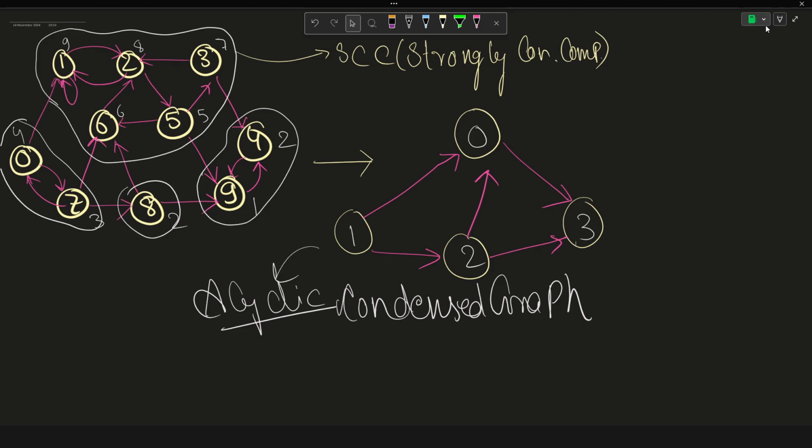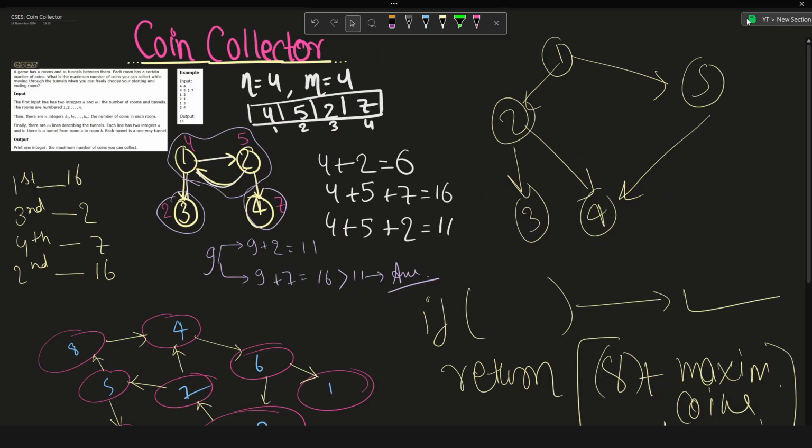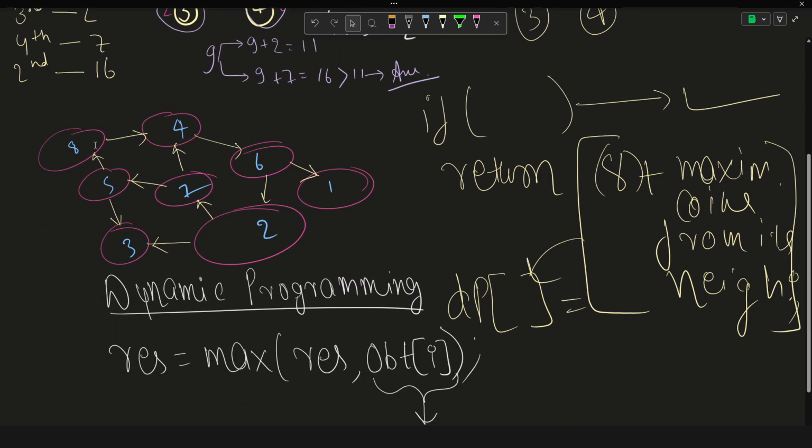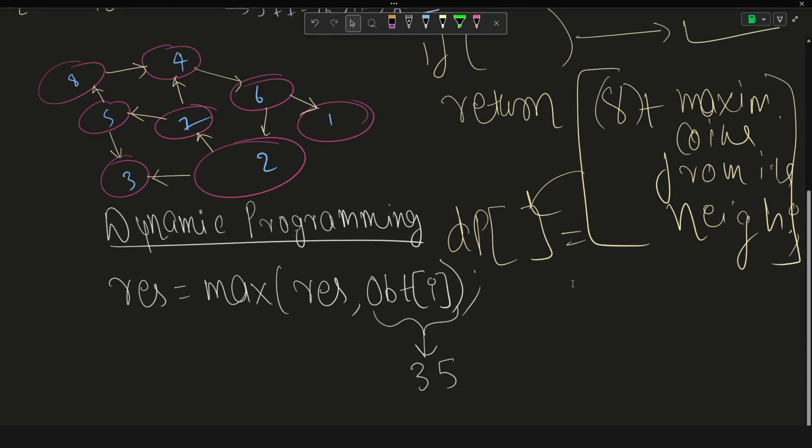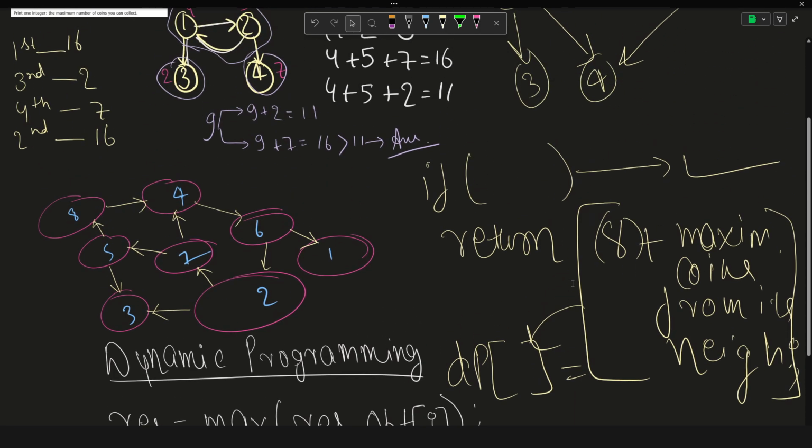After the condensed graph is obtained, I explained how we can utilize this condensed graph and the concept of dynamic programming together through a simple recurrence relation in order to obtain our maximum number of coins. So this was all about this problem. So let's now come to the coding part and quickly solve this.